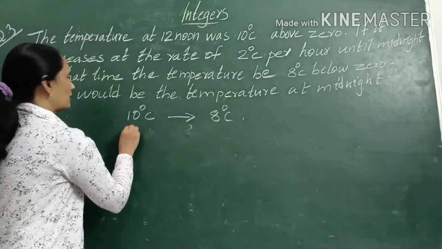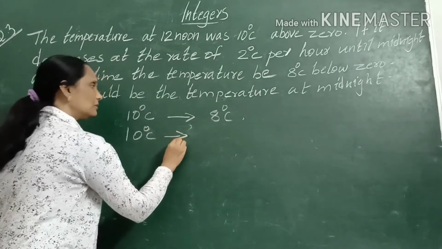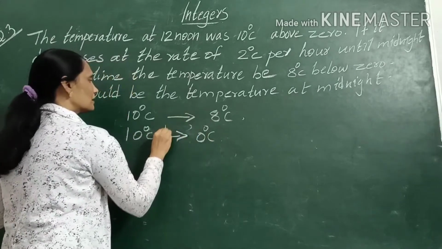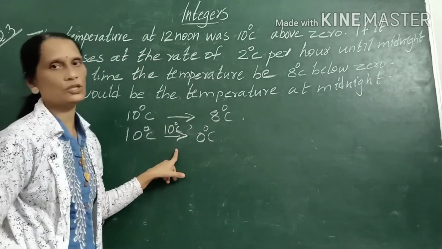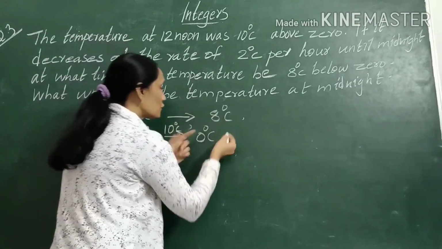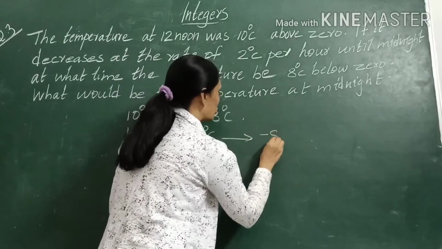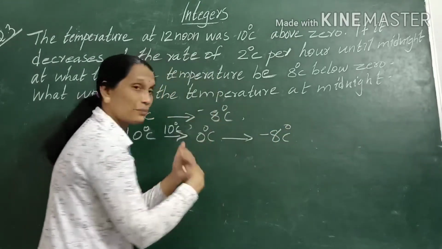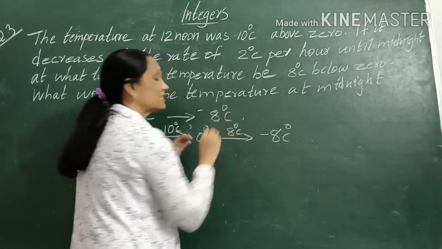You know that from 10 degrees Celsius to 0 degrees Celsius, there is a 10 degrees Celsius change in temperature. Next, 0 degrees Celsius to minus 8 degrees Celsius, again there is an 8 degrees Celsius change in temperature.